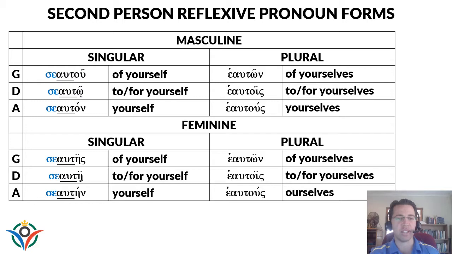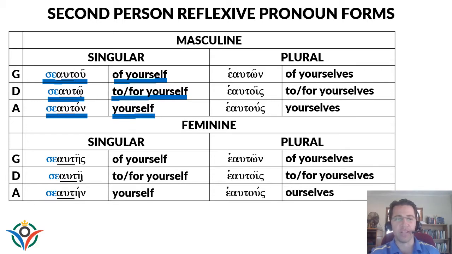So let's have a look at the masculine singular forms together. So we have seautou, which we translate as of yourself. The dative singular seautō, which is to or for yourself. And the accusative singular seauton, which we translate as yourself.